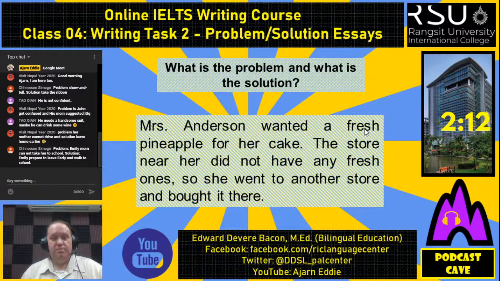So what is the problem? What is the solution? So I guess in this one, we're talking about Mrs. Anderson. So what is the problem? And what is the solution? Let's see. Ooh, ouch. That's why. So there's a delay of about 30 seconds.